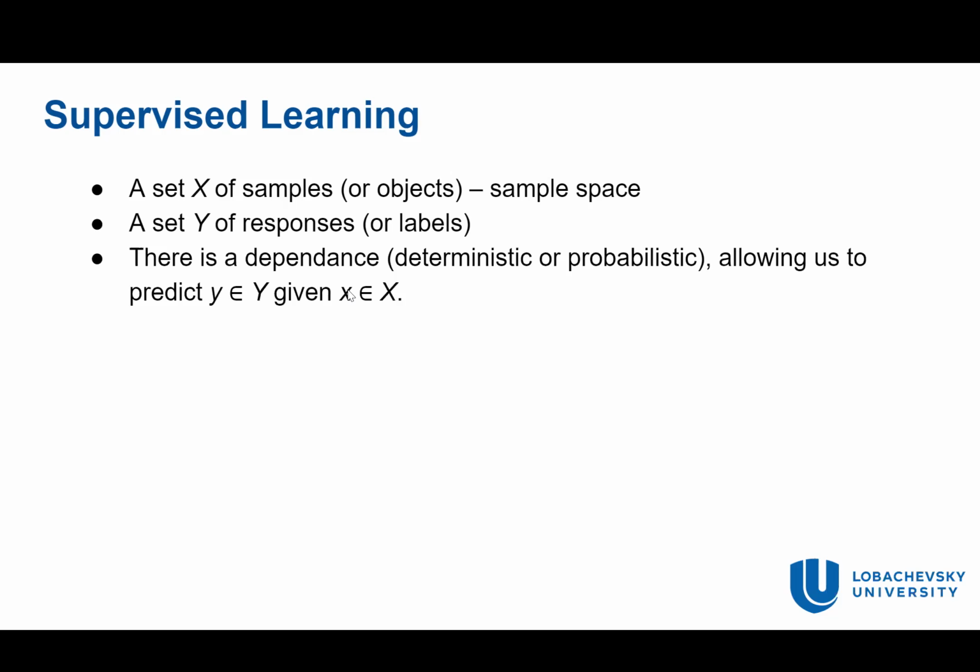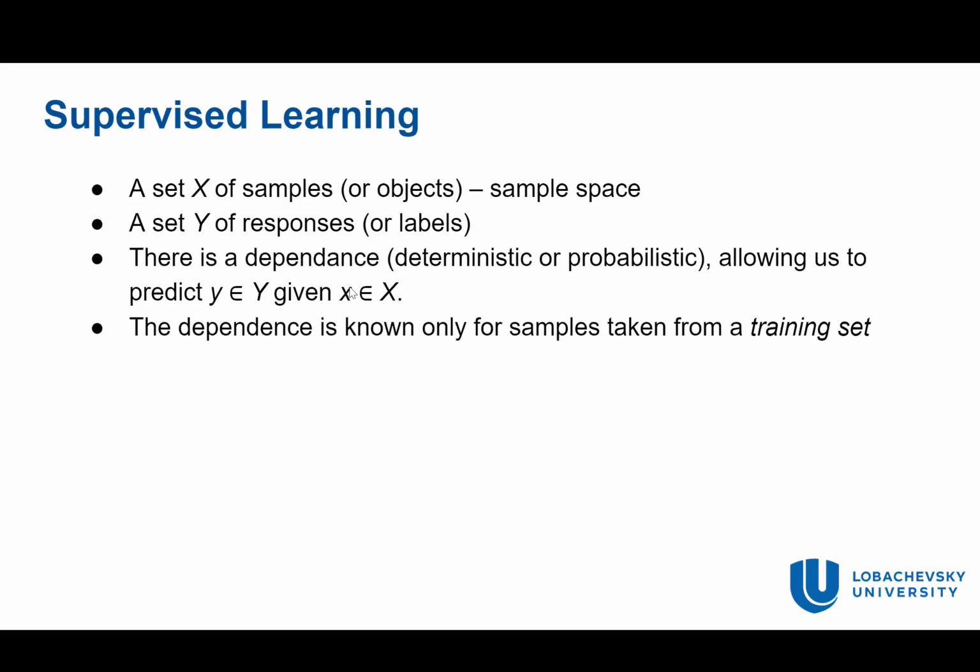We have a set X, the set of samples or objects. This set is called sample space. And we have another set Y, the set of responses or labels. And there is a dependence, deterministic or probabilistic, allowing us to predict y in Y given x.